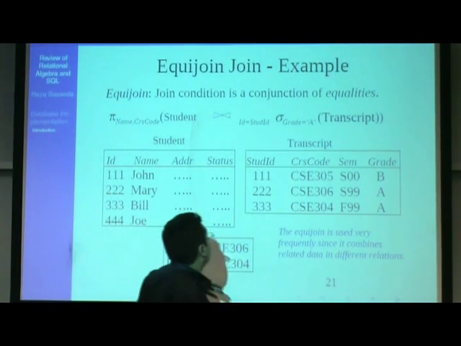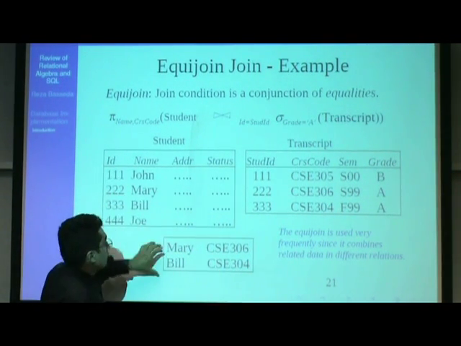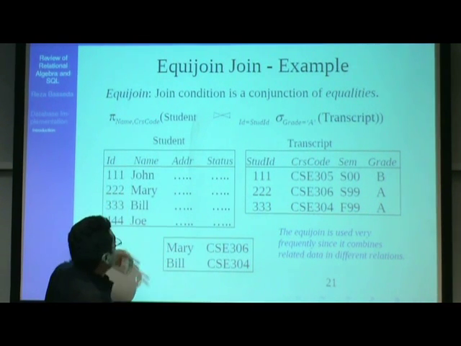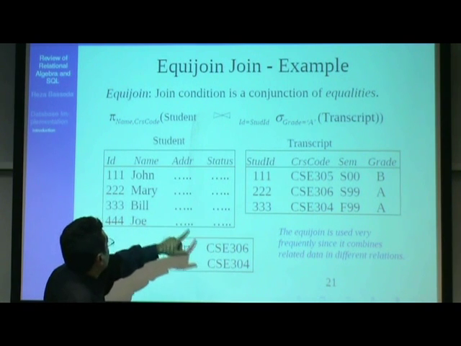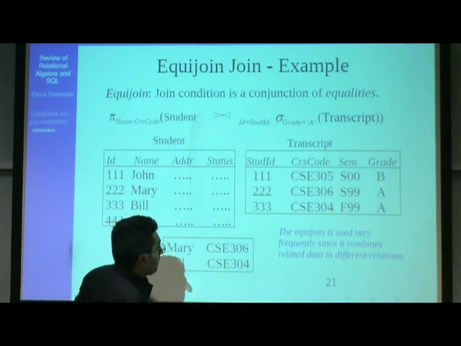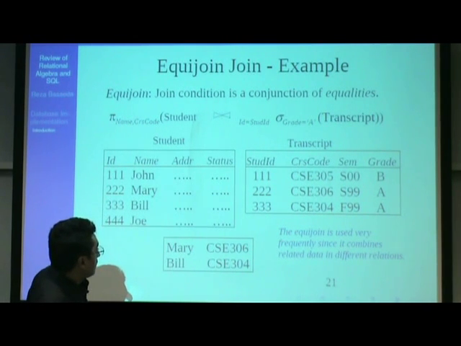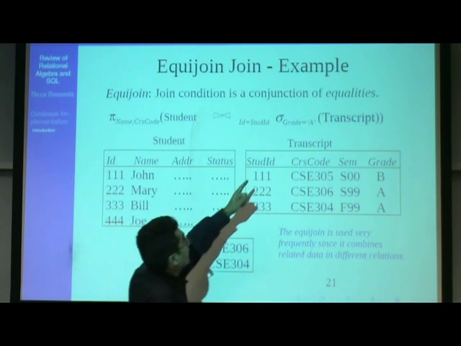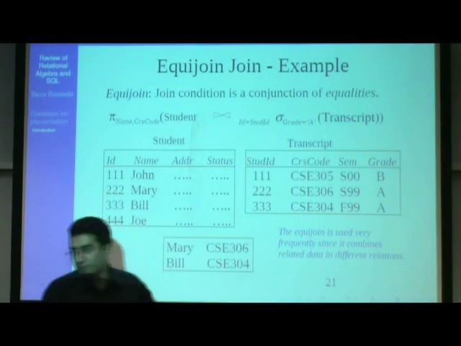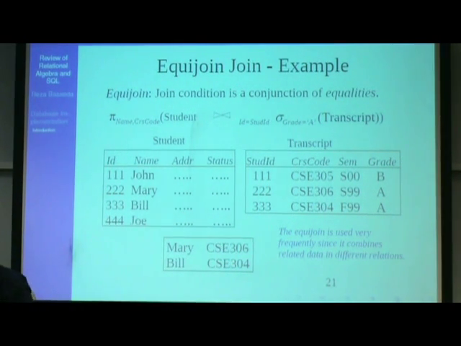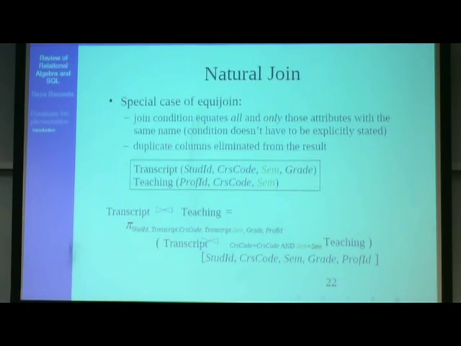So if we want to get the result as name and course code of each person, we can get it based on the relationship. And another condition is that the grade should be A in the transcript.